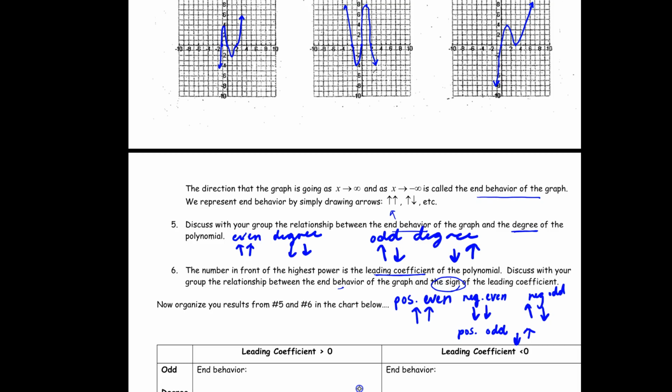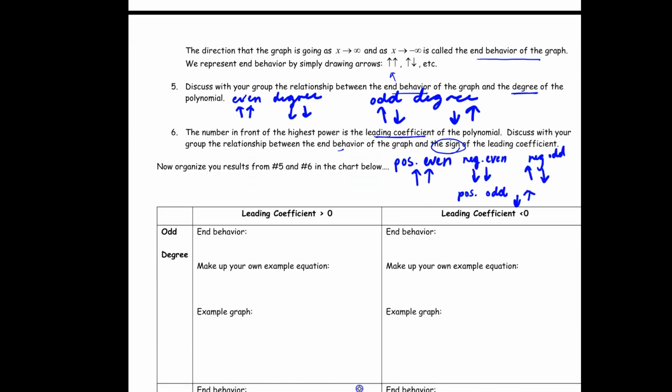Now let's put these observations together in a table, and I'm going to tell you the example that I think of that always helps me remember these types of end behaviors. So first of all, if the leading coefficient is greater than 0, meaning it's positive, specifically if it's an odd degree and it's positive, then we know it's going to go down, up.